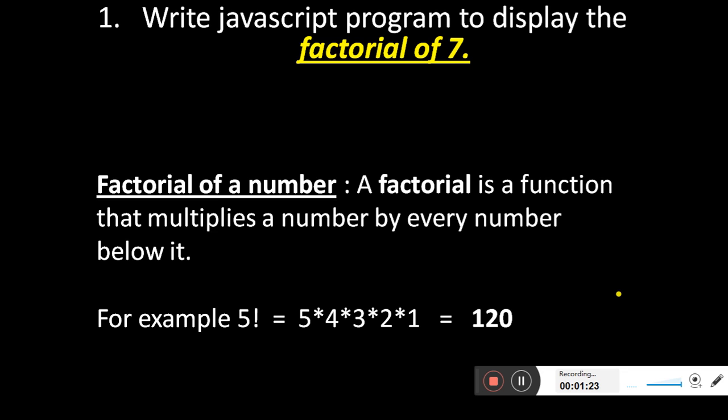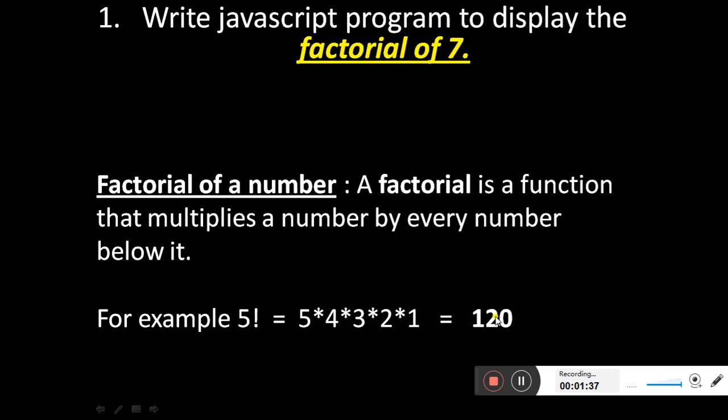The result is 120, so the factorial of 5 is 120. The question may come like this: write a JavaScript program to display the factorial of 7.